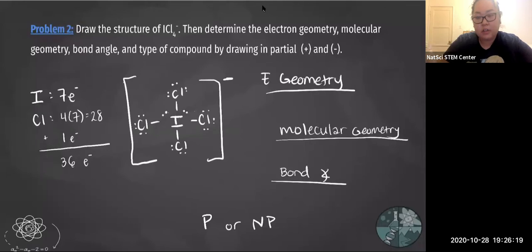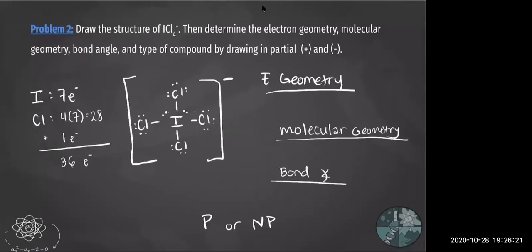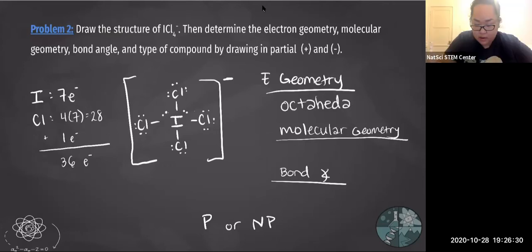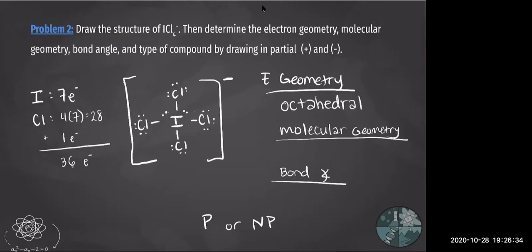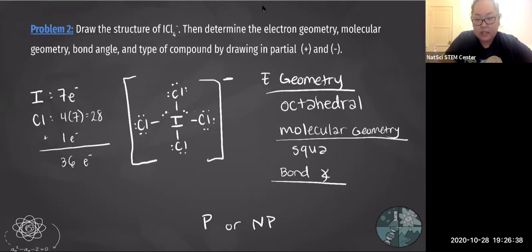What did you guys get for electron geometry? Octahedral? Yeah. What did you guys get for molecular? Square planar, I think. Yeah, I got square planar as well. Anyone else?